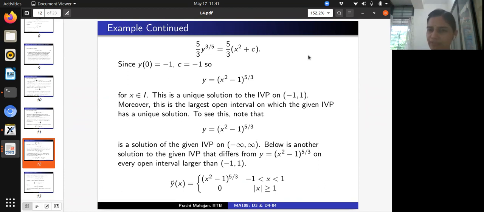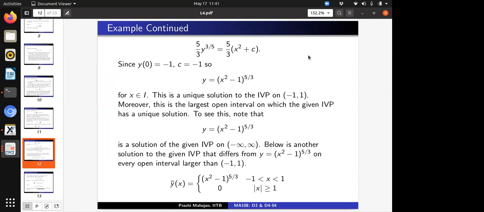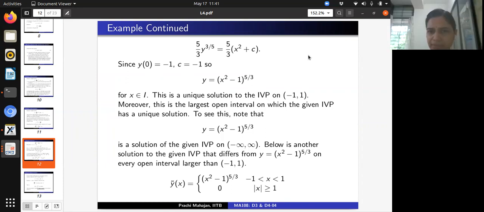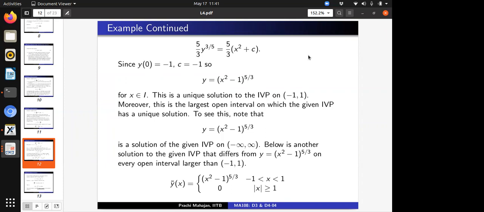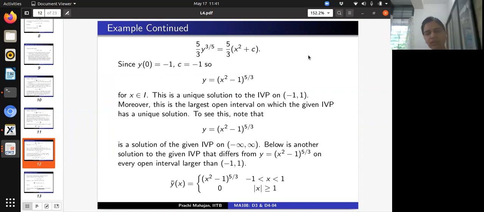Even if there is a solution outside the interval, that solution will have to agree with this solution, namely, it has to be of the form x square minus 1 to the power of 5 by 3 on the interval -1 to 1. Absolutely correct. For example, we have an example here, but your understanding is absolutely correct.